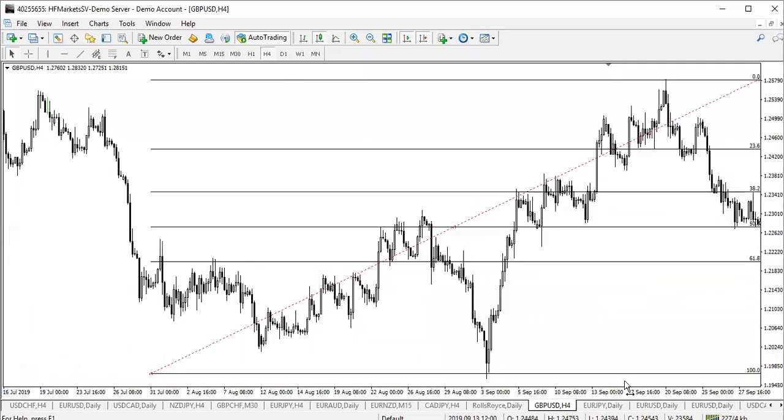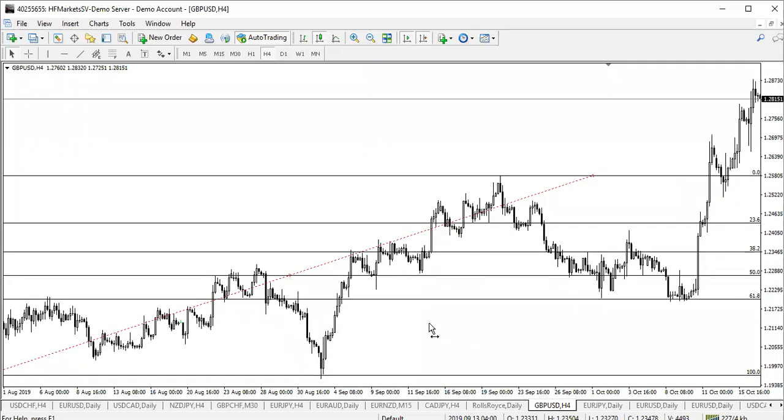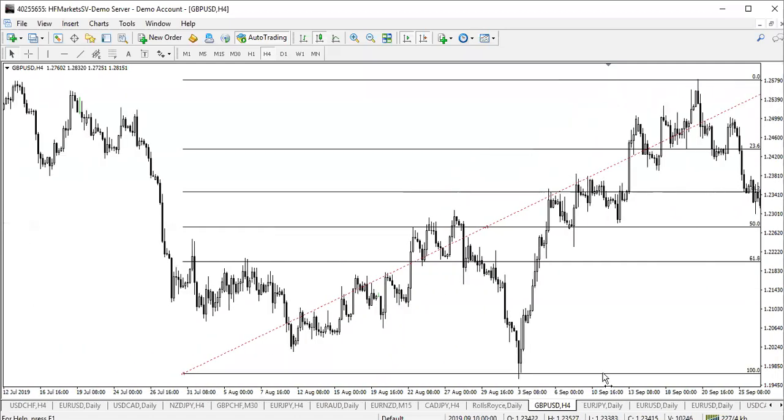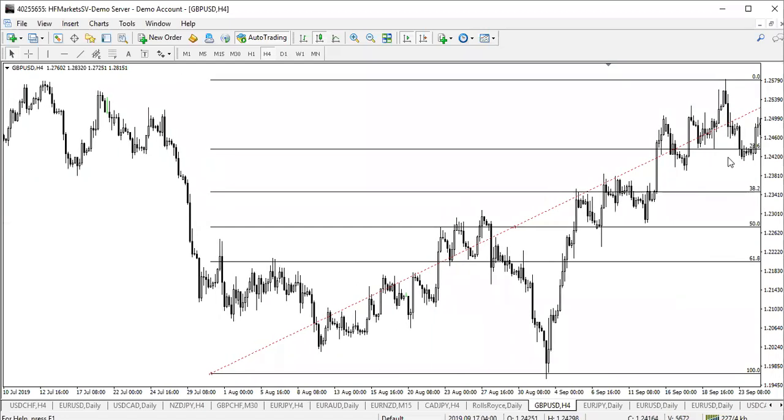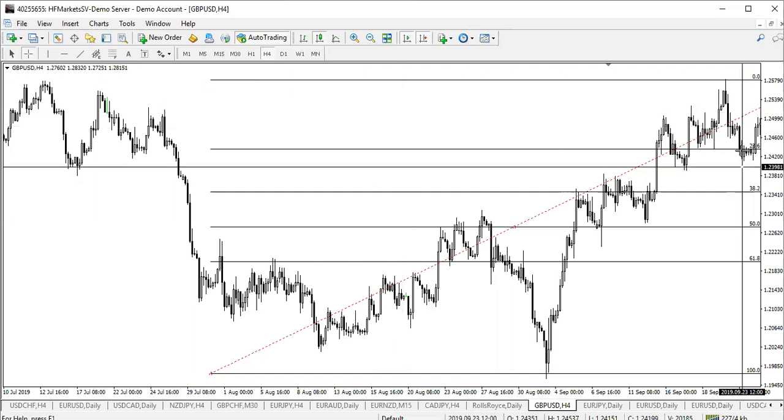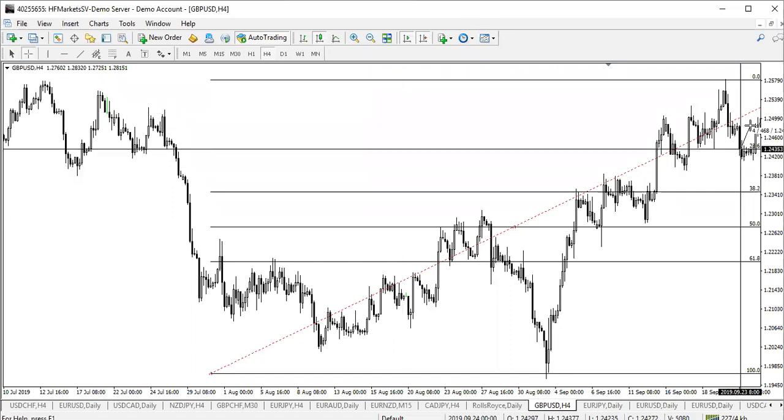If we assume that all of this has not formed, and then price rejected this, went up, and then here I said it's going to go up again. The truth is, it went up, yes.